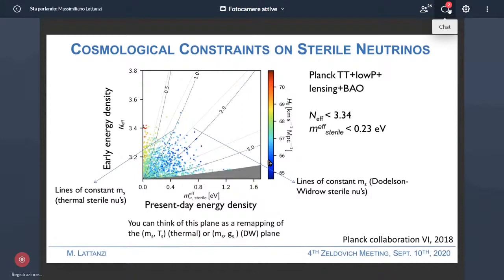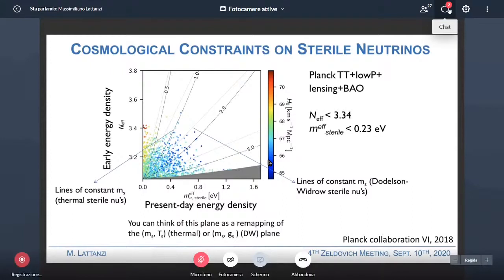Definitely the suppression is appreciable, and it's part of the way in which these limits are obtained. When you factor in also the large-scale structures, so not just the BAO, but also the matter power spectrum, unfortunately I don't think I have numbers here.